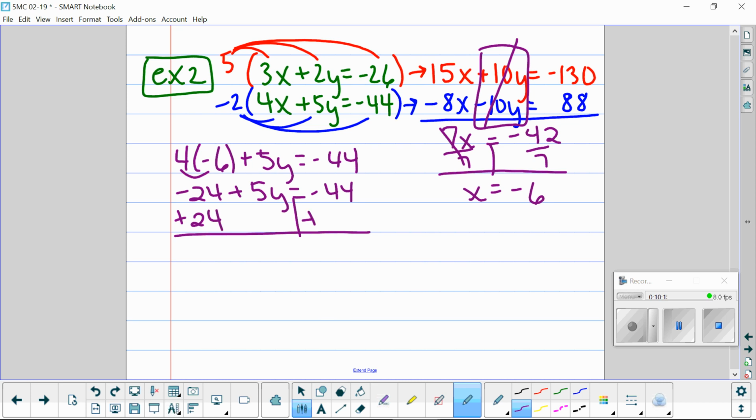The opposite of a -24 is a +24. So I add 24 to both sides. Bring down the 5y. And then -44 plus 24 is -20. And then from here, all I have to do is divide both sides by 5. And then y equals -4.